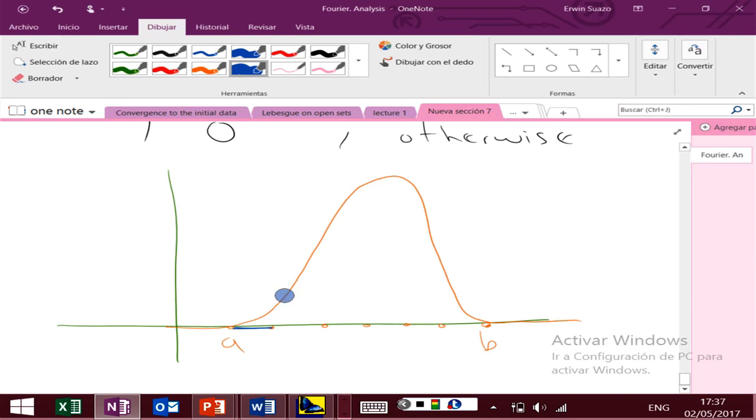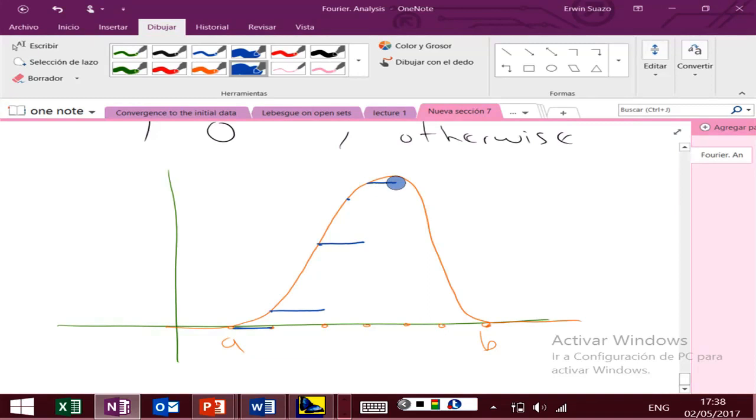So the smallest one of all these guys is this one, so it goes like that, right? That's the inf. Now I go from here to here, my inf is going to be this guy, so it goes here.